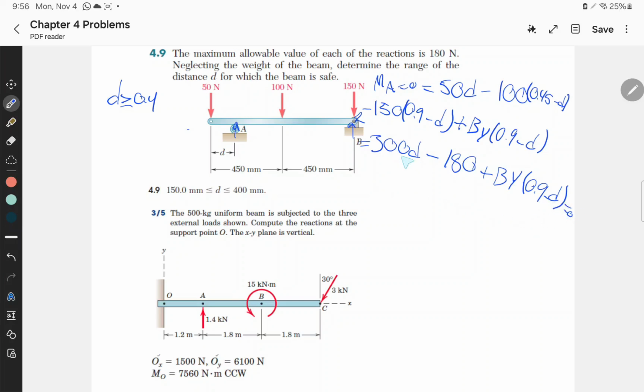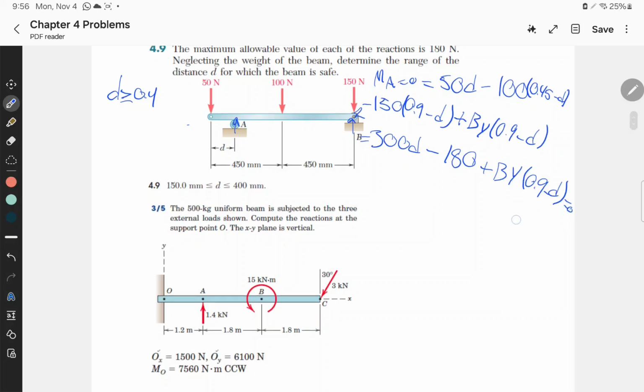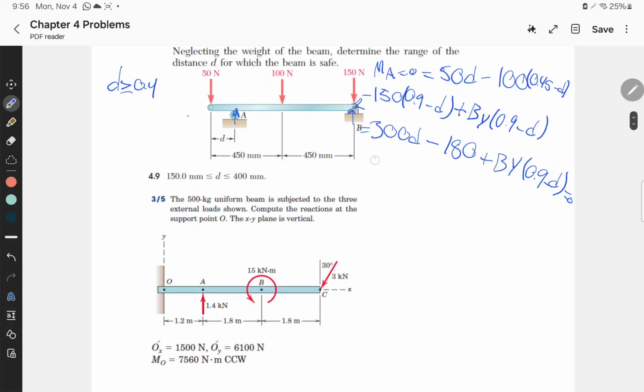And what we're gonna do is take all of these to that side and isolate By. So this is gonna be (180 minus 300D) over (0.9 minus D), and that's gonna be equal to By, and this whole thing's gonna be less than or equal to 180.